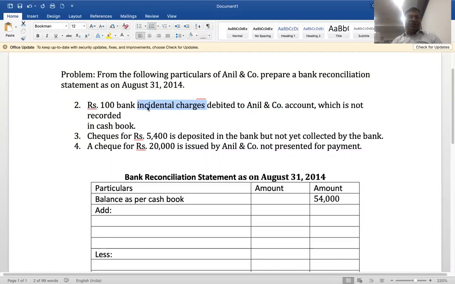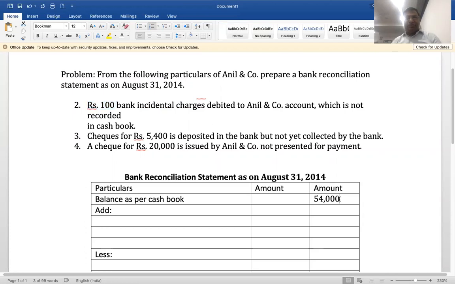When the charges are debited, the banker deducts this amount of incidental charge. Is it known to the cashier who is sitting in the company? It is not known. So therefore this 100 rupees is not deducted.